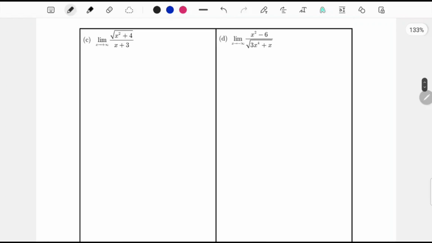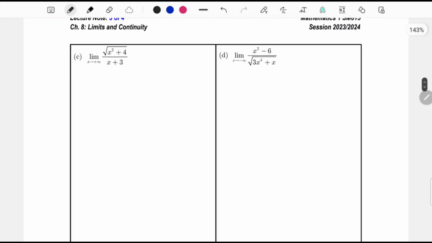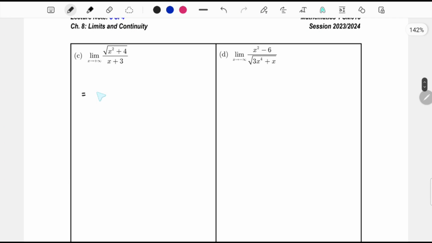Okay, let's move on to part C. The highest power of the denominator is x. So divide everything by x. For the upper part, the numerator, since it's inside a surd, it's going to be x squared.